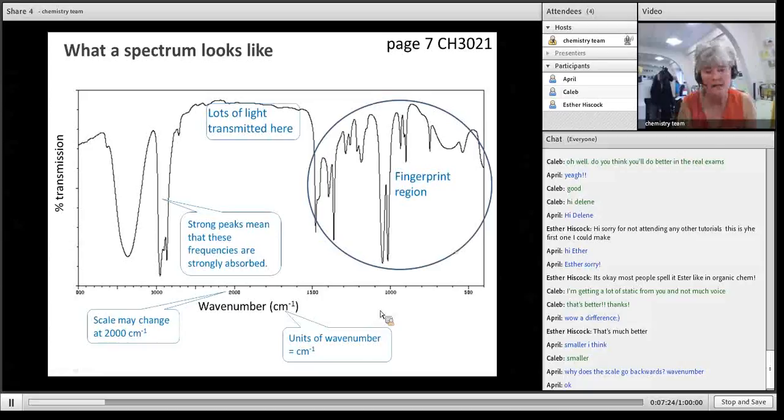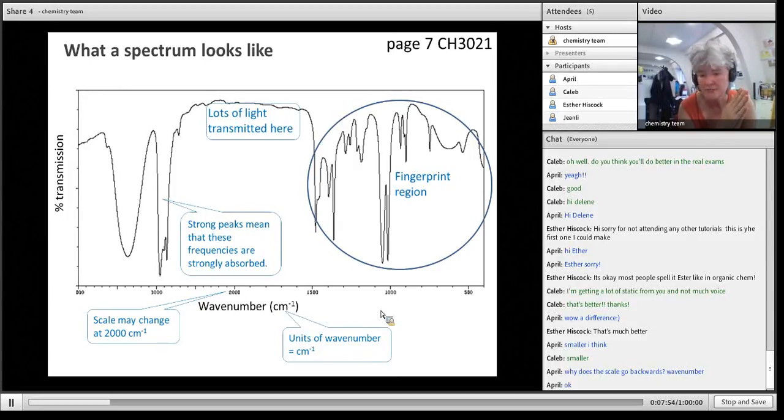Then there's an area which we call the fingerprint region. This is where there's a lot of carbon wags and vibrations and so on, so it's very difficult to pick out individual peaks. Now it's very useful, just like you've got your fingerprints, and if you've been caught by the police and your fingerprints match and they can identify you, it is an identifier for chemicals.